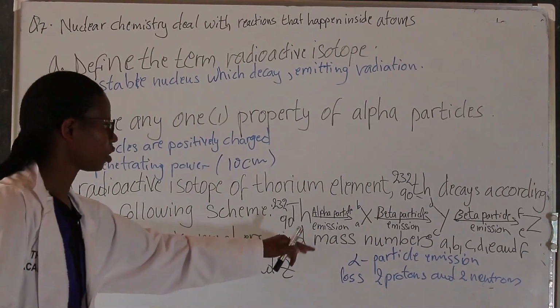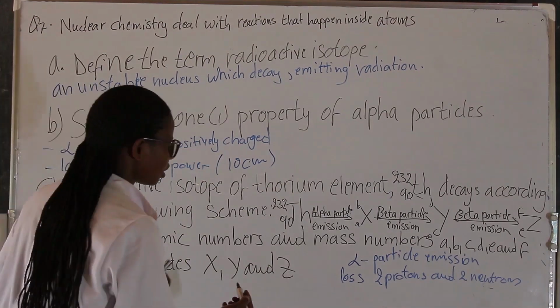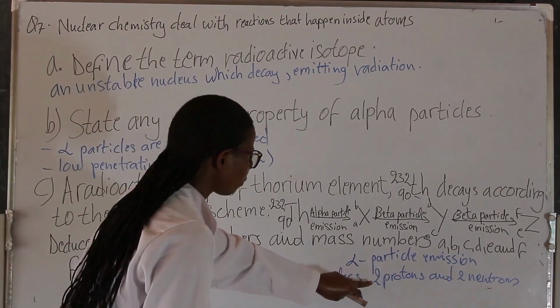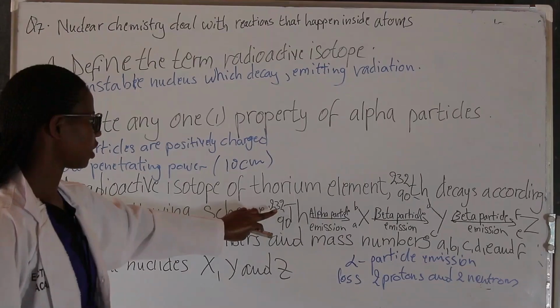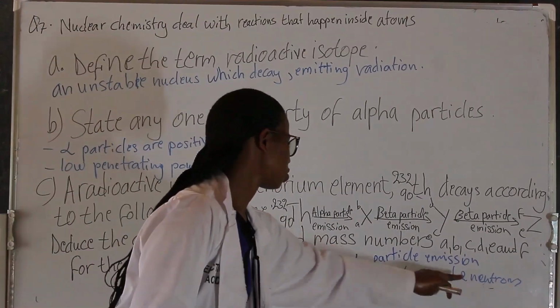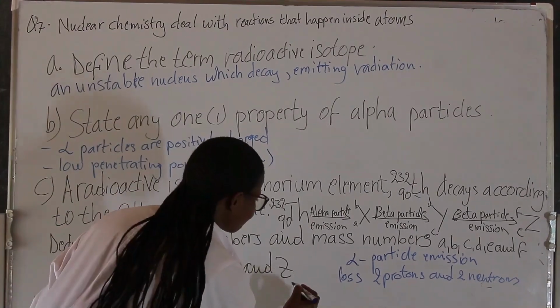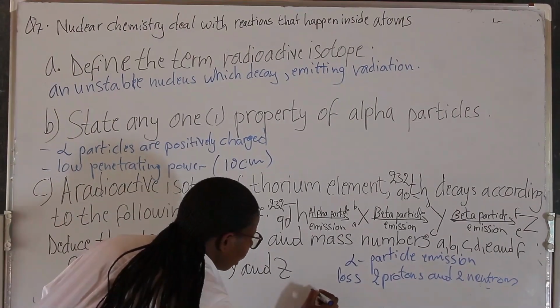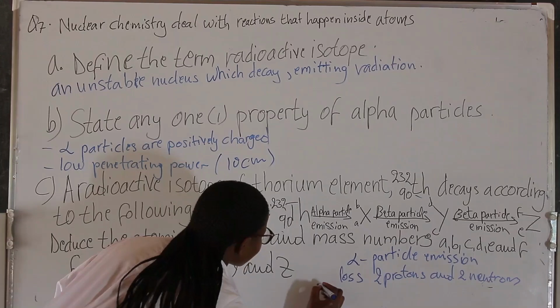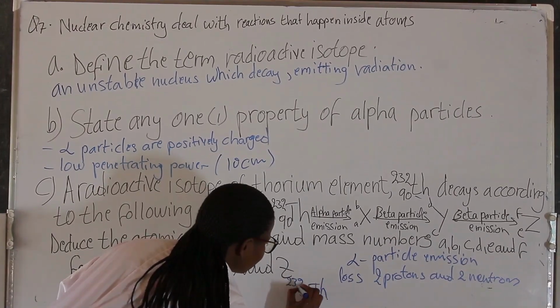For this thorium, which emits an alpha particle in the first emission, it means that these two protons should be released from the atomic number, and the two neutrons should also be released from the atomic mass, where we will get thorium 232.